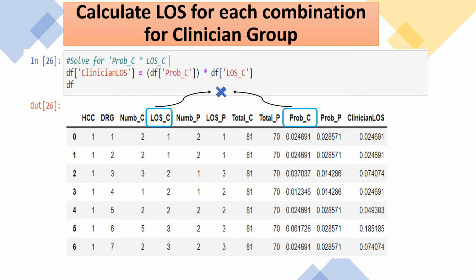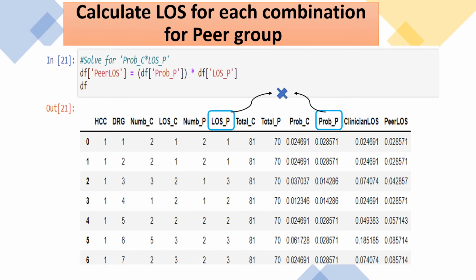In this step, we have to calculate length of stay for each probability in the clinician group. So we have to multiply length of stay for each combination of DRG and HCC by the probability of that combination. Like the previous slide, again we have to calculate the length of stay for each combination for the peer group.